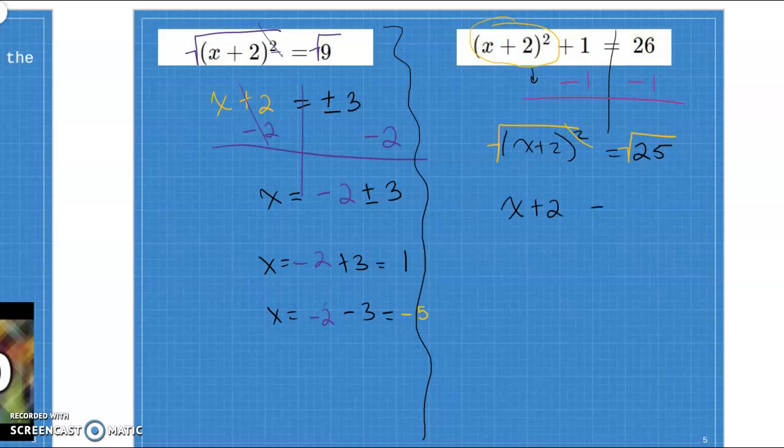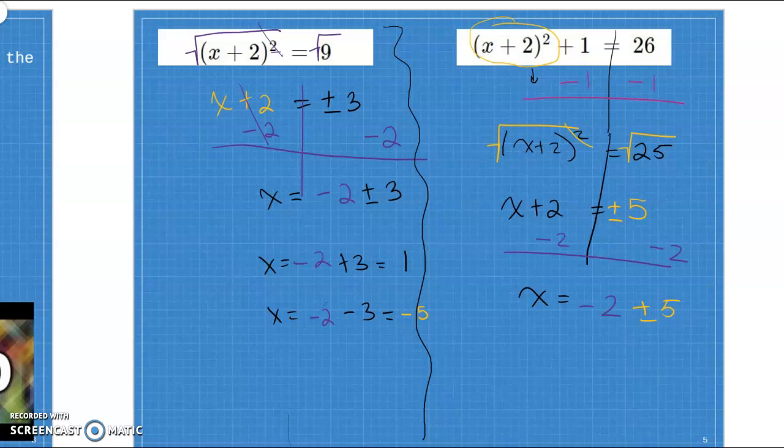So I'm left with x + 2 on the left side, and the square root of 25, well, what times itself gives me 25? 5, plus or minus, of course. Now I'm at the same step as I did over in the first problem. I need to get rid of this 2. So I essentially have x = -2 ± 5.